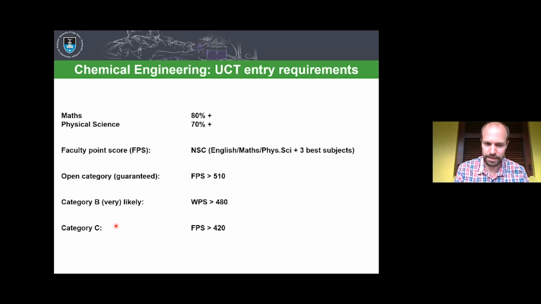And then there's a redress category where that number is 420. So as I said earlier, we know that that's very high, but we then also do our very best to make sure that we support you all the way through till graduation.